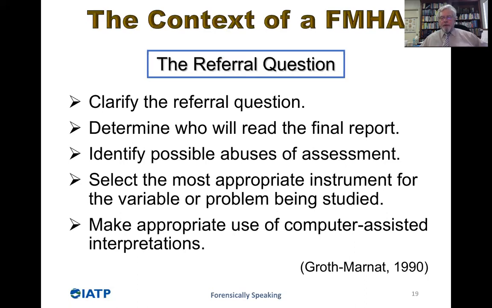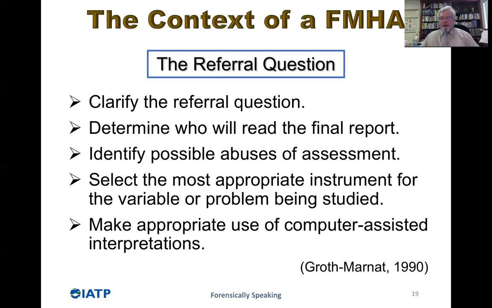It's important that you're not just taking the MMPI verbal results and just copying and pasting that in. In fact, I will argue that that needs to be used very, very carefully.